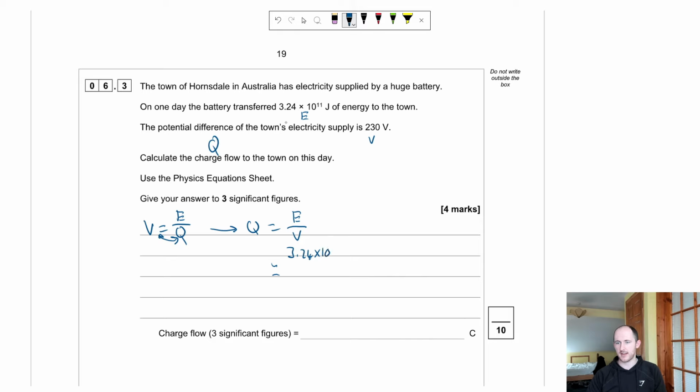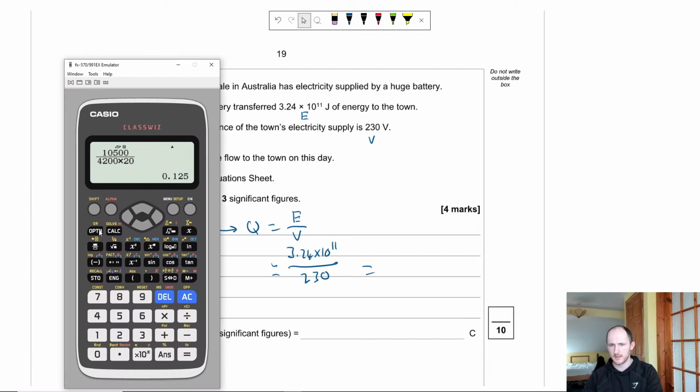So again, calculations are our best friend here, so give me the calculator please. 3.24 multiplied by 10 to the power of 11 over 230 gives us a really big number that I'm going to have to use standard form for.